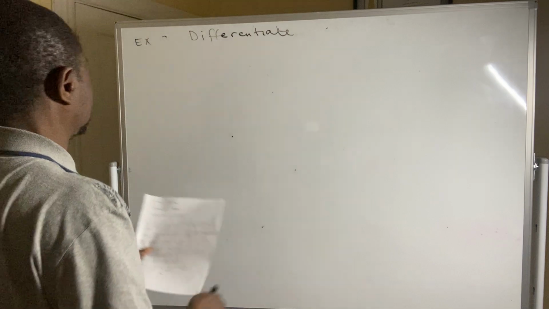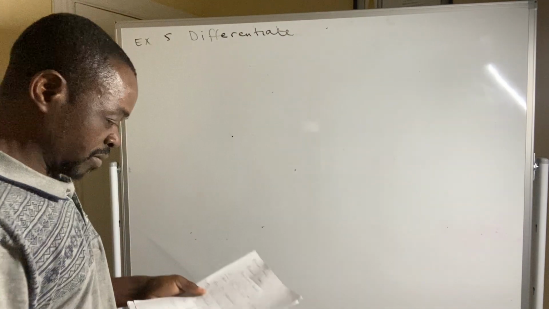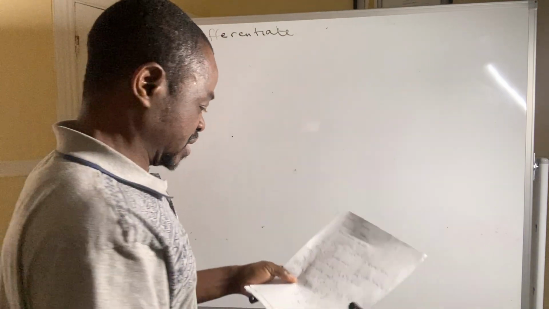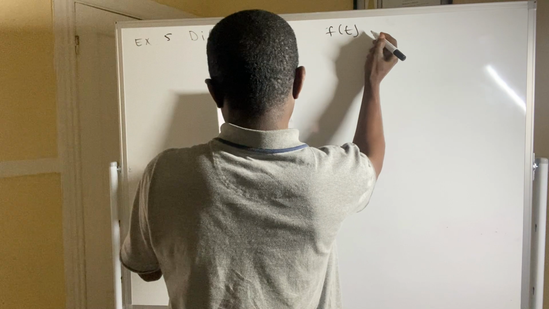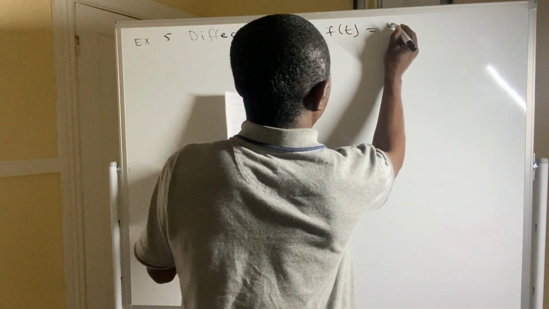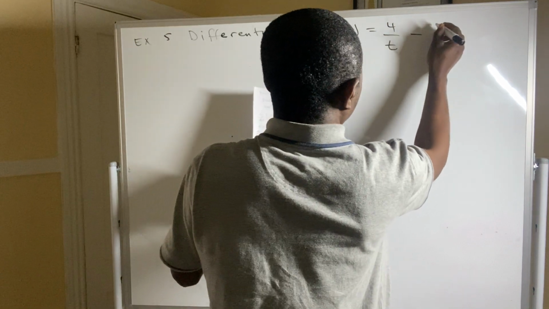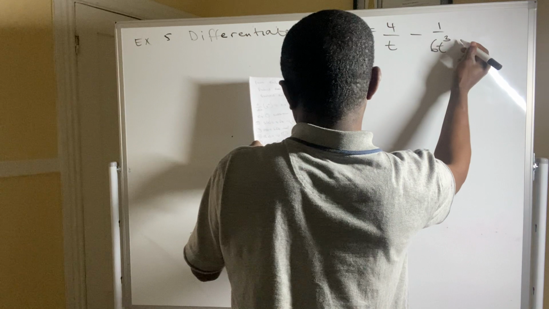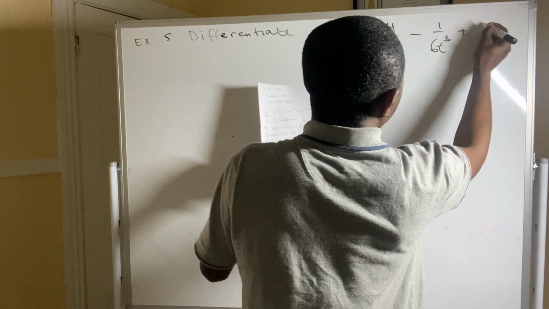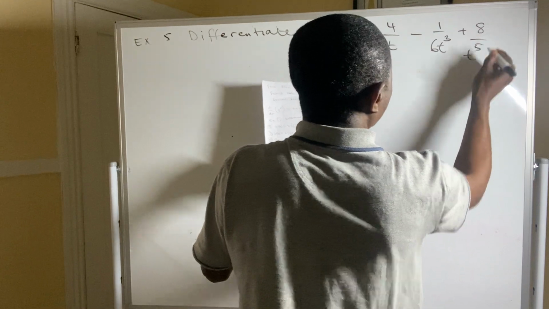All right, let's look at example 5. Example 5 is: differentiate f of t equals 4 over t minus 1 over 6 t raised to the power 3, then plus 8 over t raised to the power 5.